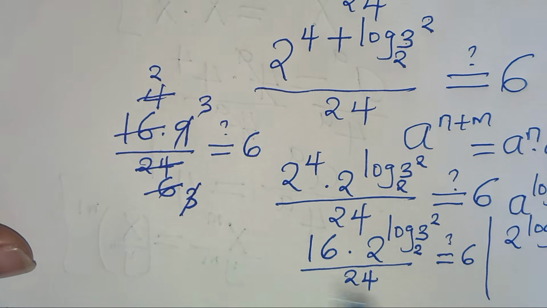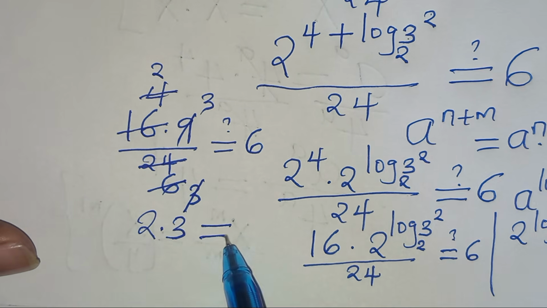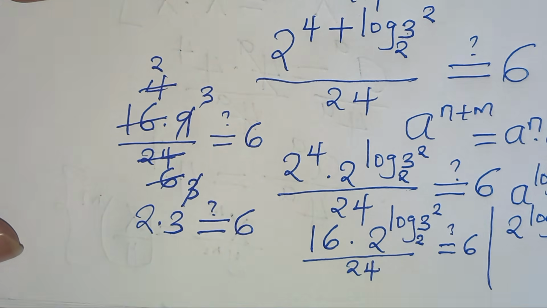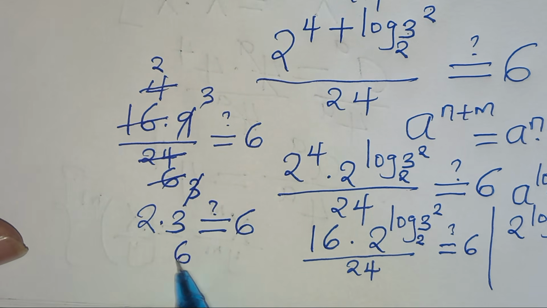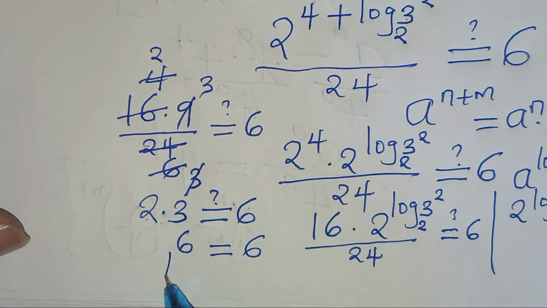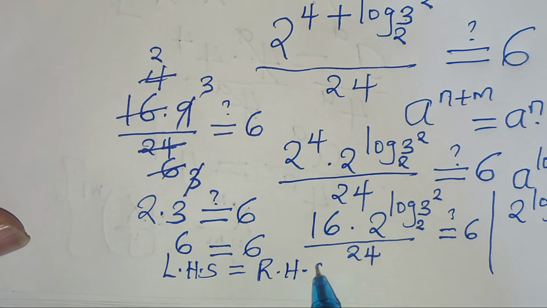So we have 2 times 3, this is supposed to give us a value of 6. So it's clear that 2 times 3 is equal to 6, and this affirms that the left hand side is equal to the right hand side.